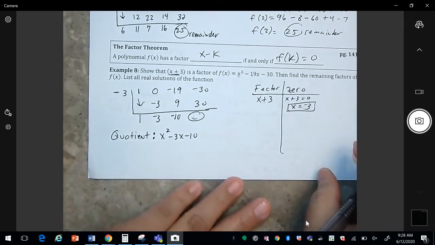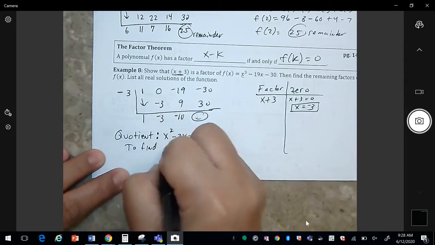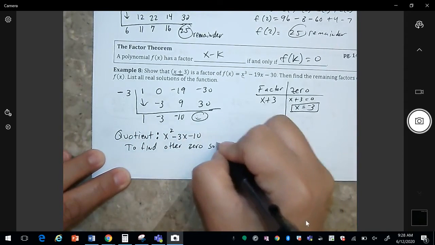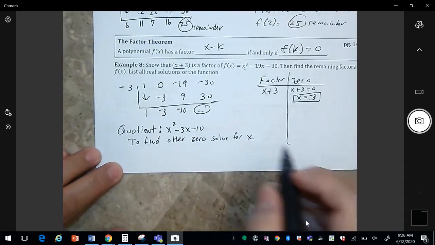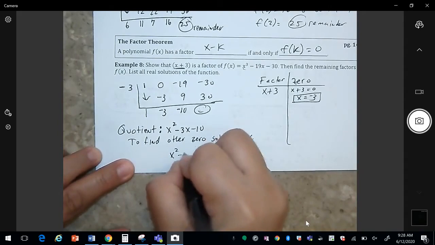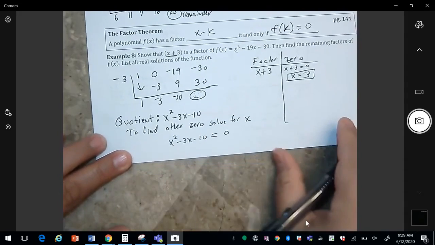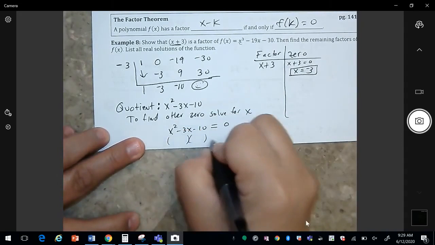But we need to find the other zeros. So to find the other zeros, we solve for x from the quotient. So we set that equal to 0. And then you can either factor or you can use the quadratic formula. So I'm going to check if this factors.